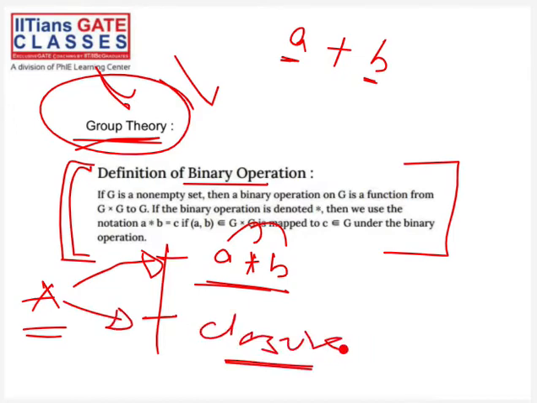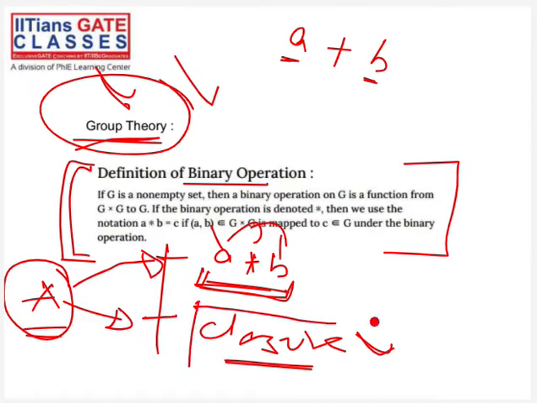That is why I am saying that once you have seen these 5 properties, this chapter is over, because now we are only going to use these properties. We have already seen how to check for closure property. Binary operation is an operation applied on two operands, and it must also be closed under the given base set.